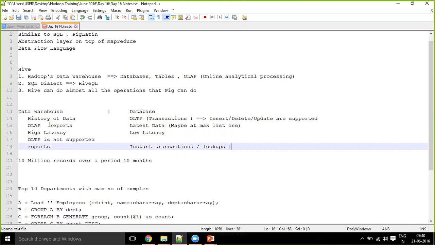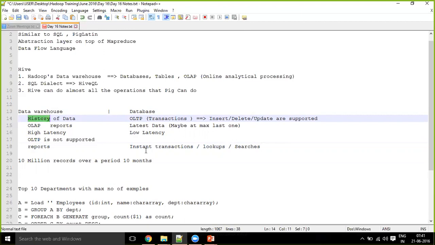Okay, or searches. So if I have 10 millions of records over a period of 10 months, this is huge data. Touching one record to update or delete it will be relatively very slow.